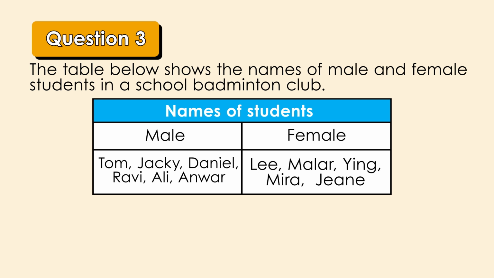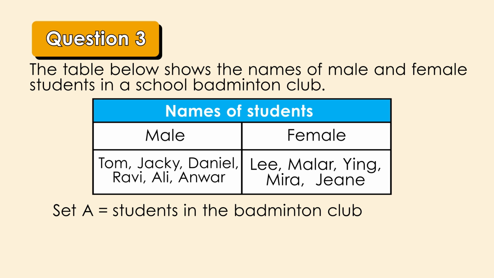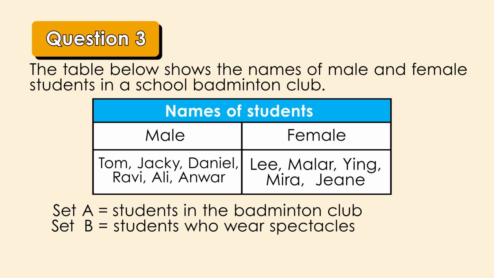By using set A to represent all the students in the badminton club, set B to represent students who wear spectacles, and set C to represent the female students, draw a Venn diagram to show the relationship between set A, B, and C.